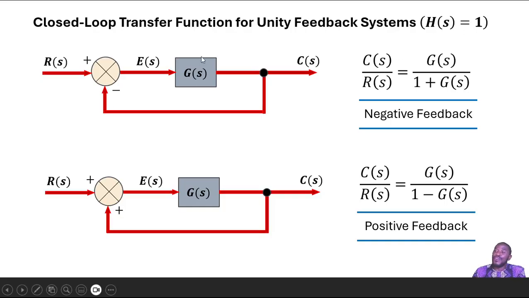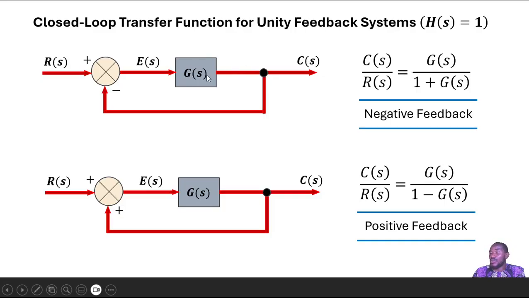So for a negative feedback system with unity feedback transfer function, this is your transfer function. C of S over R of S is moving forward.